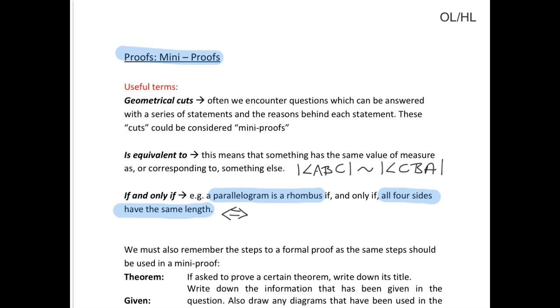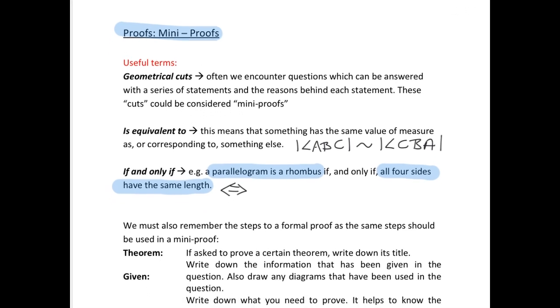So, if a parallelogram is a rhombus, then all four sides have the same length, but if all four sides have the same length in a parallelogram, then the parallelogram is a rhombus. So it's like a two-way statement. If the first half is true, the second is true, and if the second is true, then the first is true.